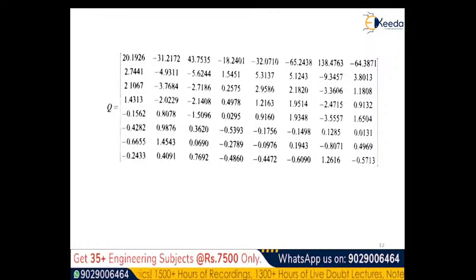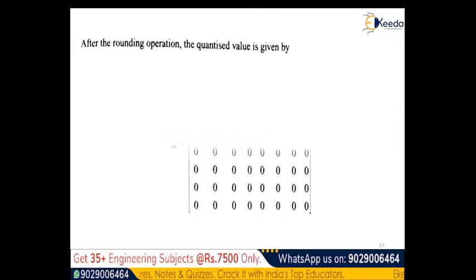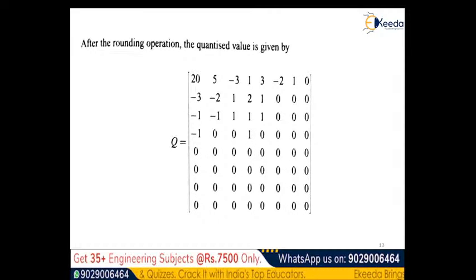Then after getting this result of the quantization stage, we have to round the values in the matrix, as you see the representation is up to 4 places after the decimal. After rounding, the quantized values take this form, of the same order 8 by 8. The first row is 25, minus 3, 1, 3, minus 2, 1, 0.